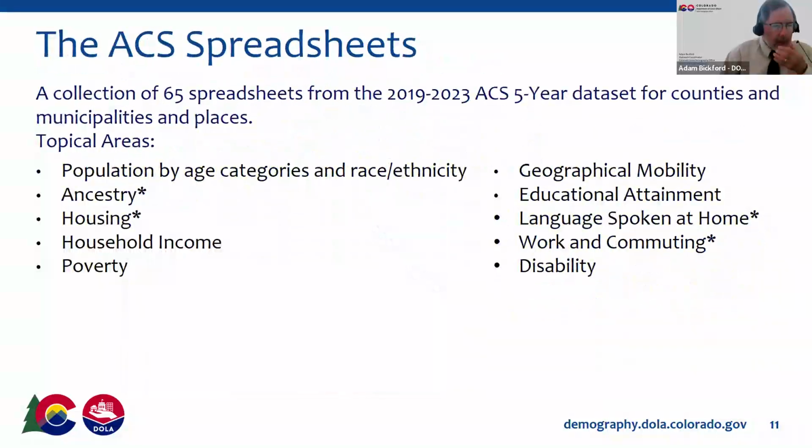Okay, so now our ACS spreadsheets. Like I said, we produced a set of 65 spreadsheets for the 2019-2023 ACS. The contents of these spreadsheets is really driven by the requests that we get. So we have information about 10 topics, and the ones that are starred are the topics that have expanded significantly from the 2018 ACS.